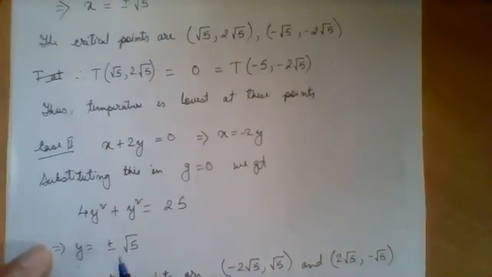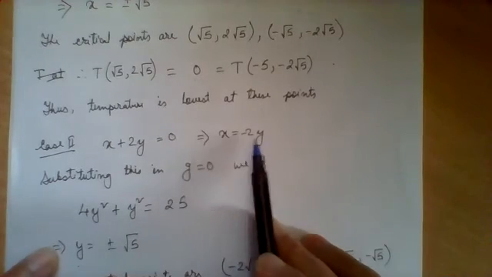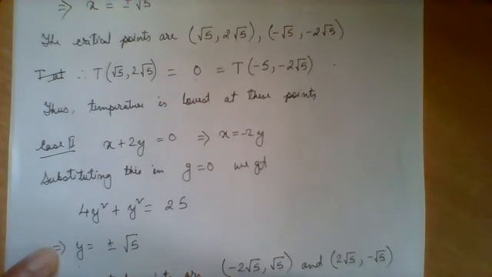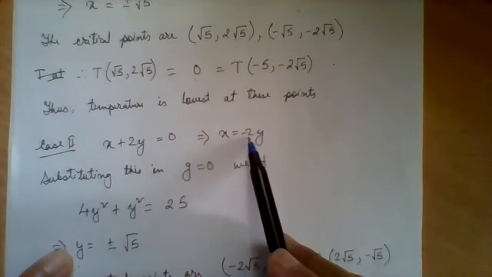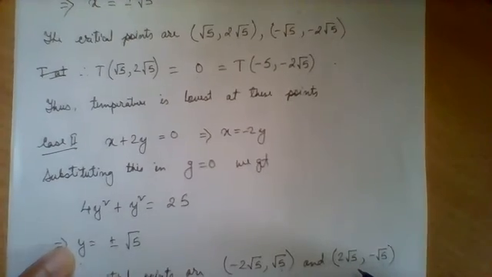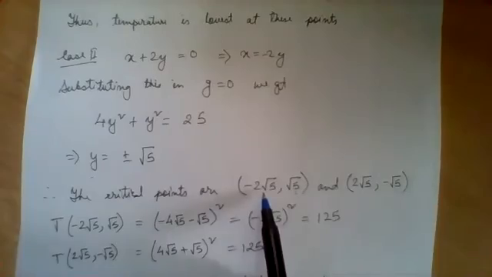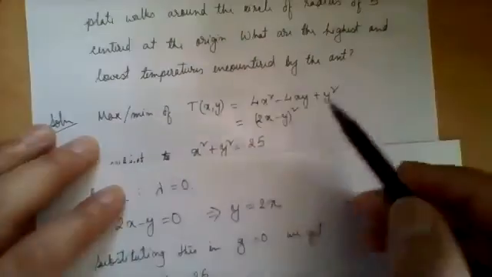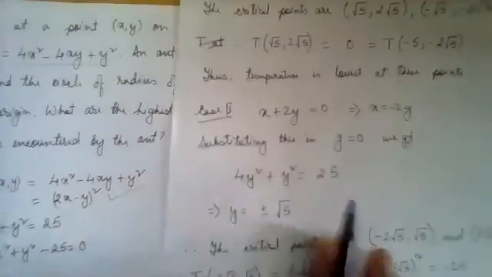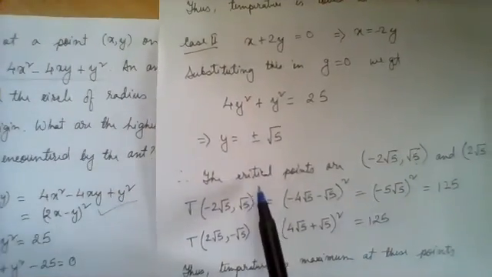When y equal to plus root 5, x equal to minus 2 root 5. And when y equal to minus root 5, x is equal to minus 2y, that is plus 2 root 5. Now you substitute these values of x and y in the expression for temperature.